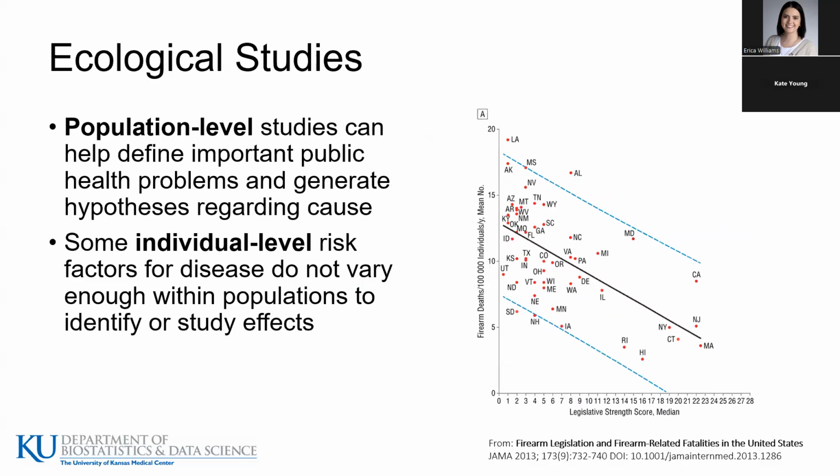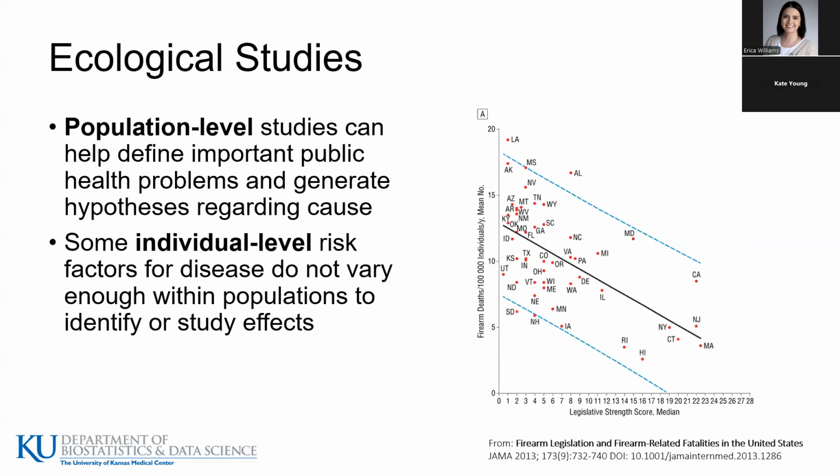This type of study would often result in a plot like this, where instead of having individuals plotted, we have the states. This has the legislative strength score on the x-axis and the risk of firearm deaths on the y-axis.